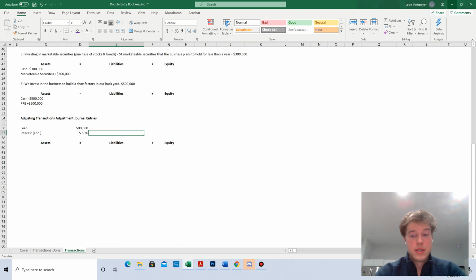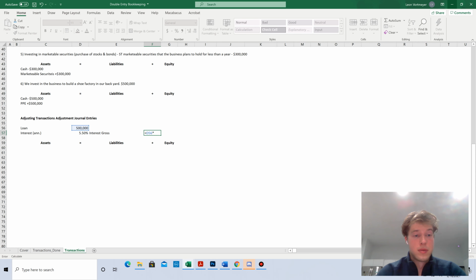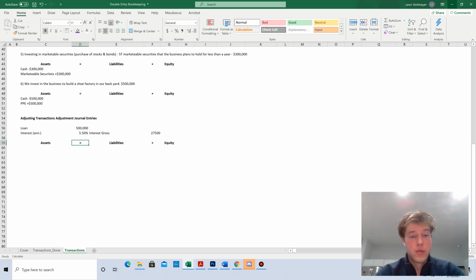It means that the interest is equal to the principal of the loan times the interest rate, $27,500. So at the end of year 1, we've accrued interest for $27,500, and say we haven't paid it in cash yet. So what we'll do first is the transaction of accruing the interest and not paying it, and then we'll do a transaction where we actually pay the interest in cash.